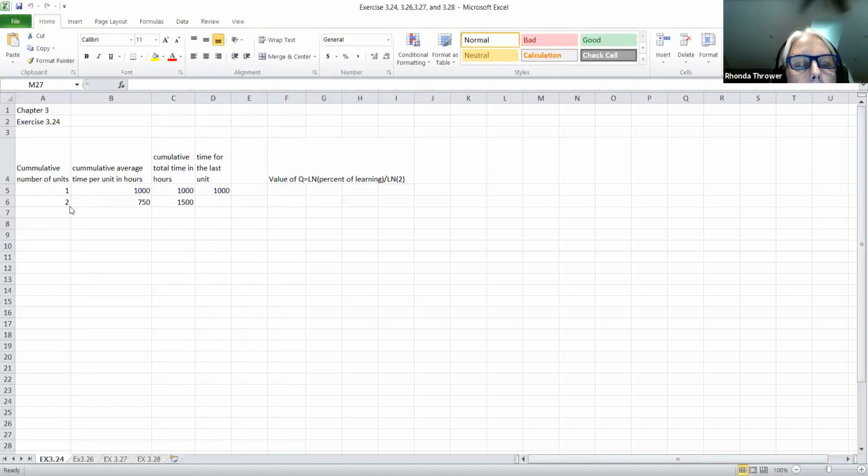For part 2, we've written in 750 here, which came from multiplying 1,000 hours from the first set times 75%. That 750 times 2 would give you the cumulative total time in hours.